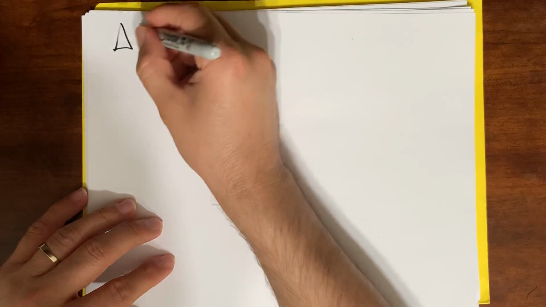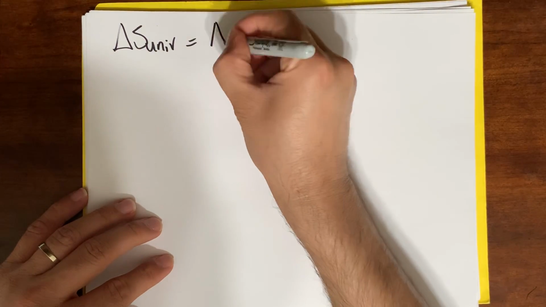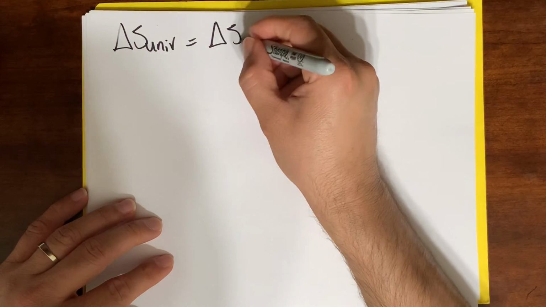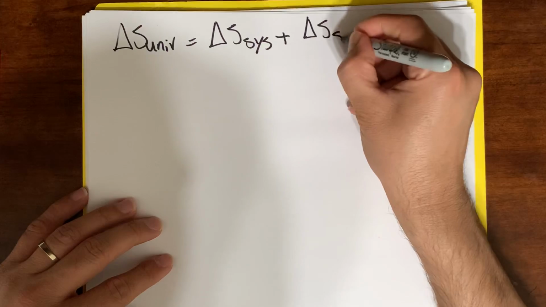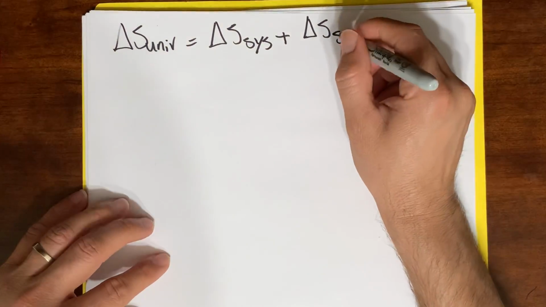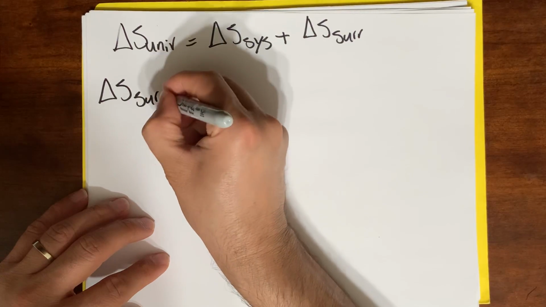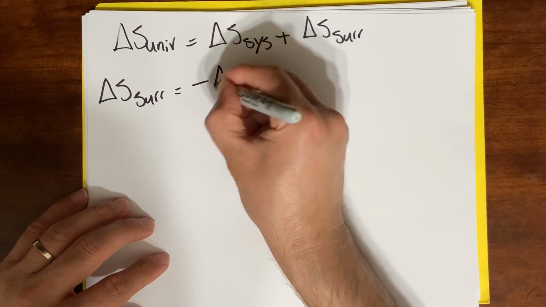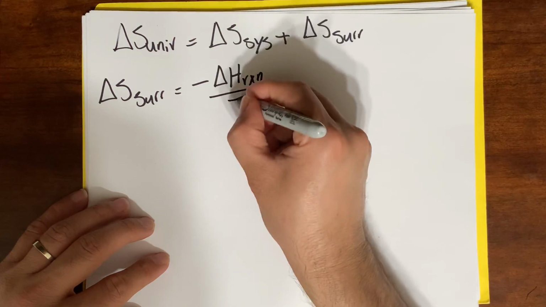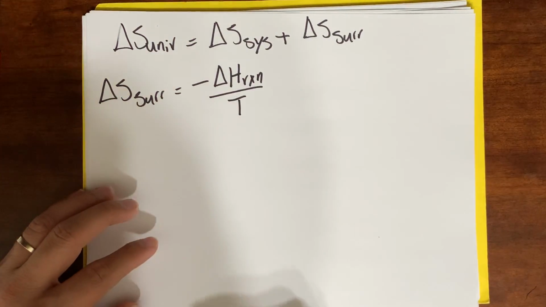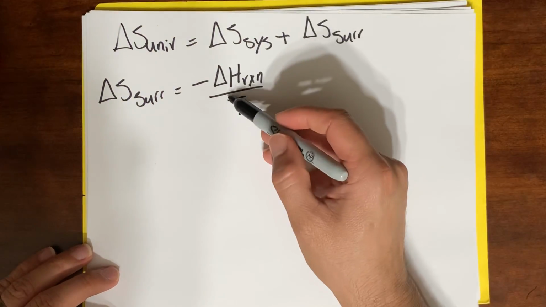So we had delta S for the universe equal to delta S of the system plus delta S of the surroundings. We know delta S for the surroundings: minus delta H of the reaction divided by temperature. So I'm going to replace delta S of the surroundings by this.